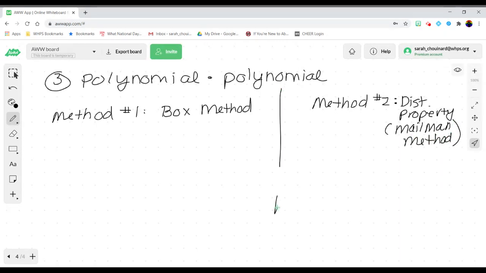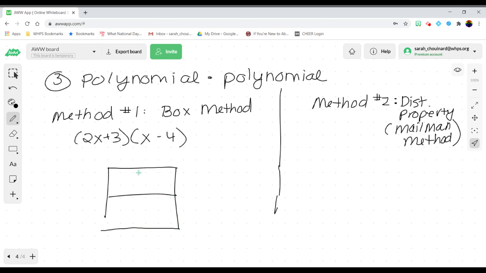Okay, so let's do method 1 using 2x plus 3 times x minus 4. So box method, we're going to make, and you might have done this when you were in elementary school learning to multiply, a box, a 2 by 2, because I have two terms times two terms.